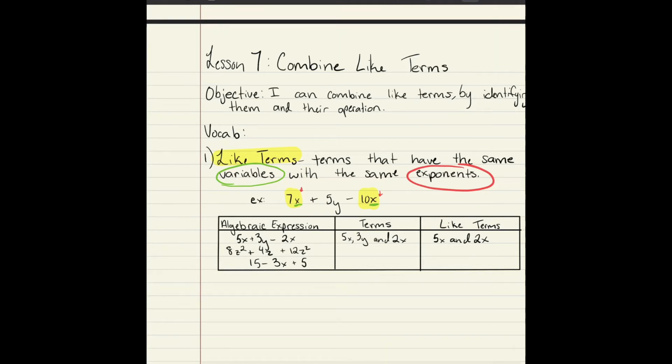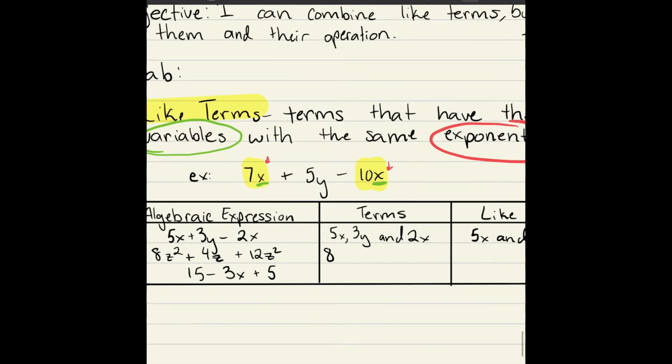Next we have 8z squared plus 4z plus 12z squared. So our terms are 8z squared, 4z, and 12z squared. If you want to know, I put a line through the z so it looks different from my 2.